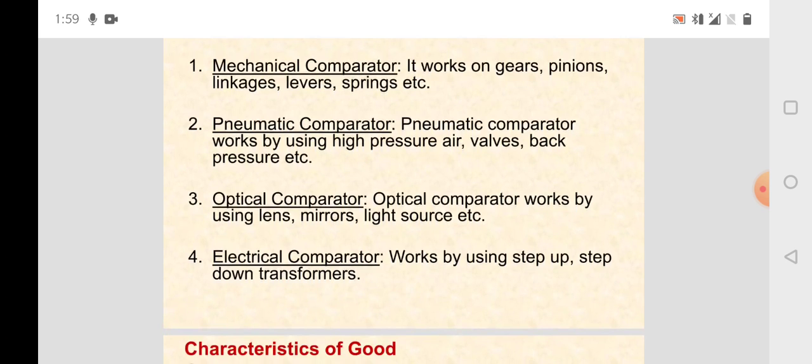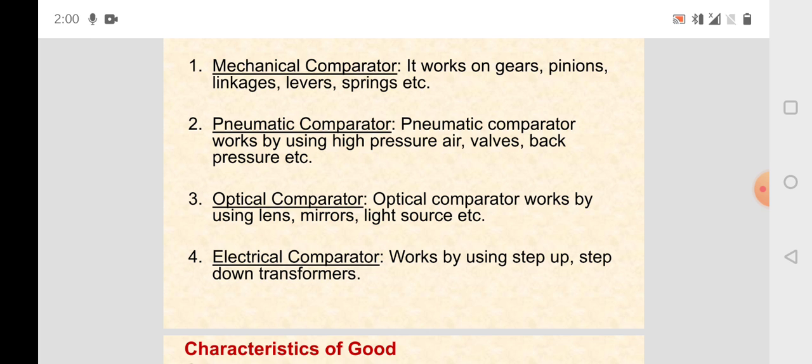Then in a pneumatic comparator, high pressure air and valves are used. This we'll see in detail. In an optical comparator, we are using lenses, mirrors, and light sources. Optical comparators are always used in combination with a mechanical comparator, where a basic mechanism is there, and that value can be amplified with the help of some optical means.